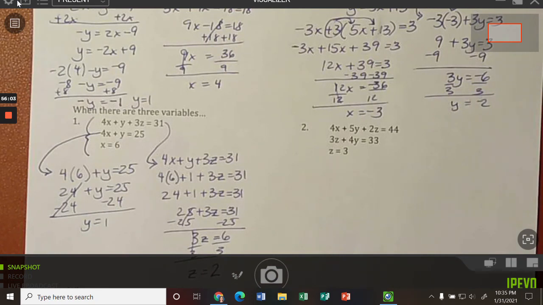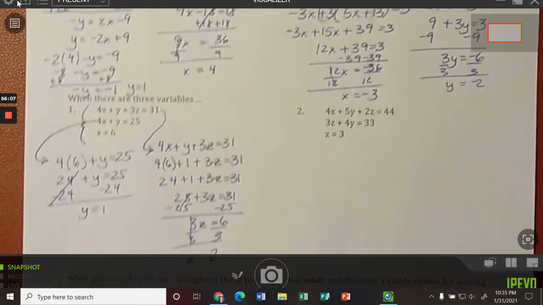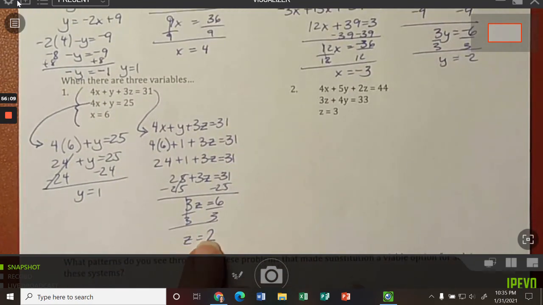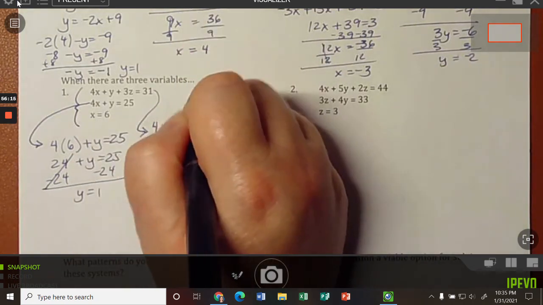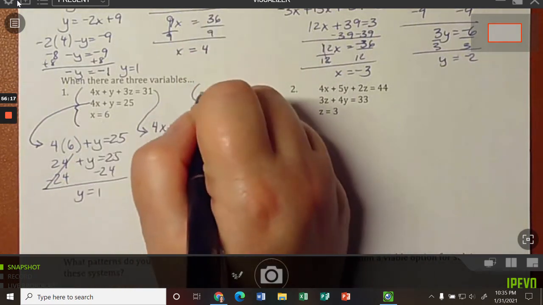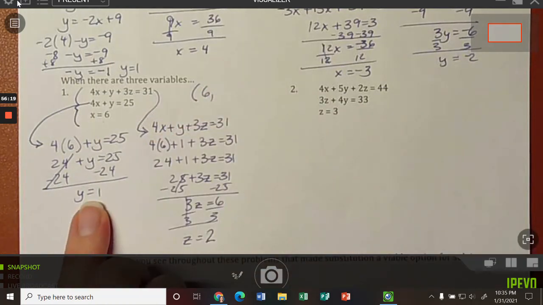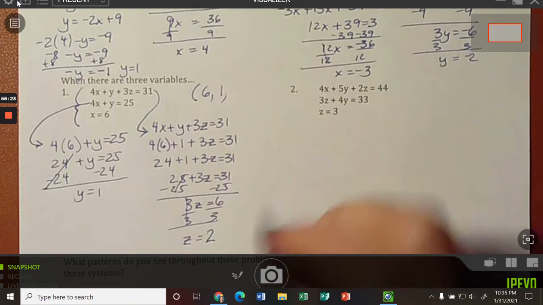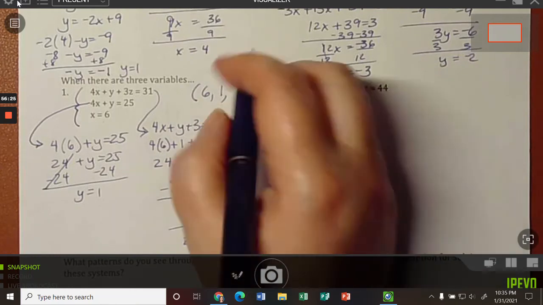So now when we write an ordered triple, that's an x, y, z. Oops, there's the rest of my equation there. We'll write them in alphabetical order. So x is 6, so 6 comma, y is next alphabetically, so y is 1, and z is last alphabetically, and that's 2.